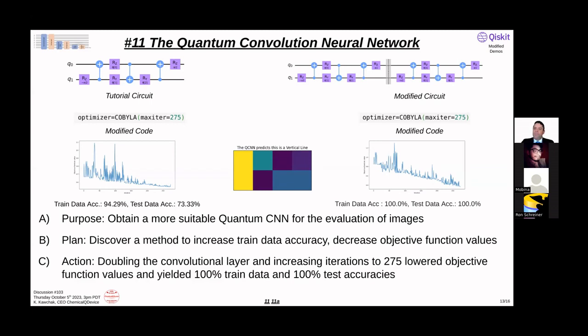So for this number 11, your Q0 and Q1 inputs, how many pixels does that represent? A lot of these get built up to bigger circuits. This is the original one. It's not like transpiling, but if you're starting with 2 qubits here, it gets built up with the pooling layer to the right of the circuit.